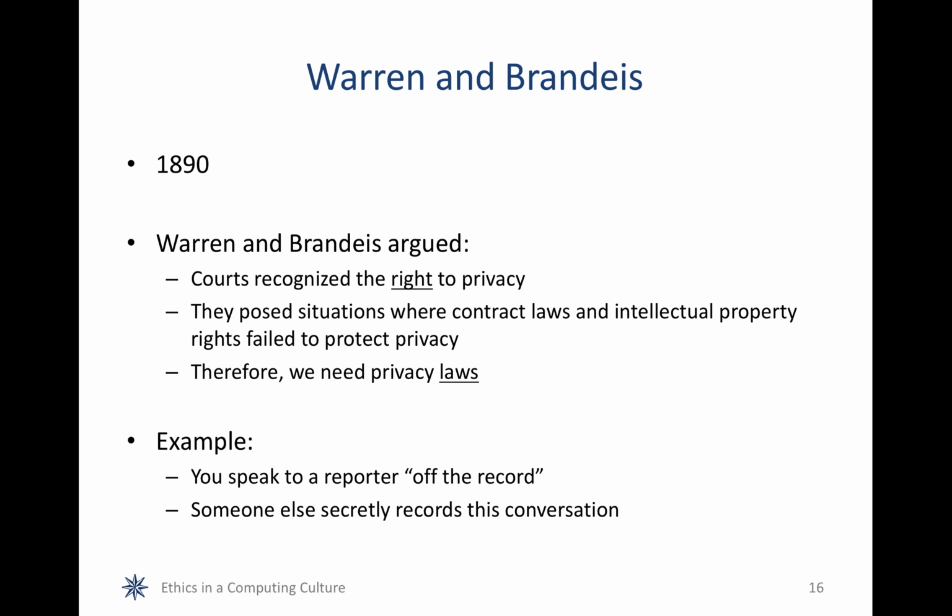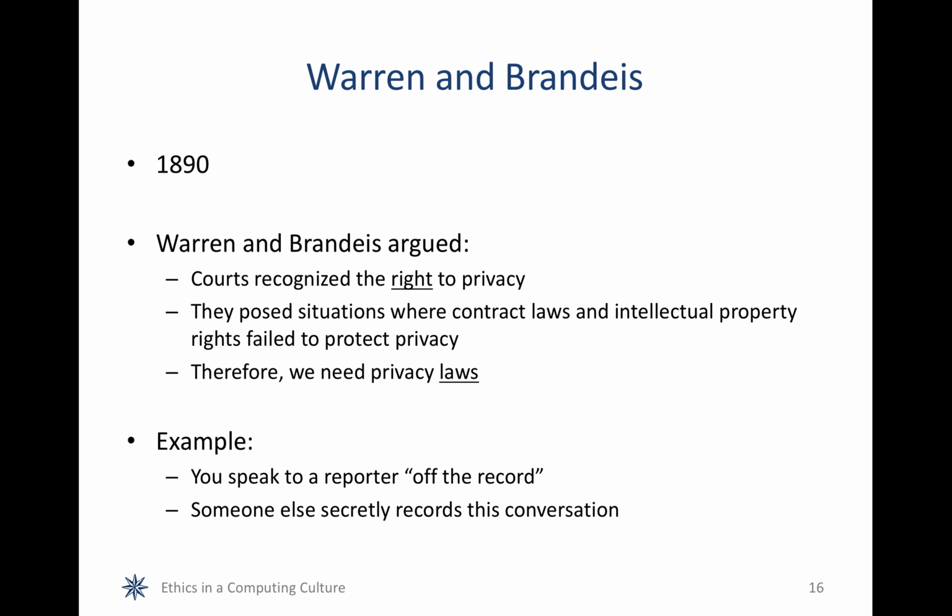and then they were able to pose situations where contract laws and intellectual property rights did not actually protect their privacy, and said therefore that we need to have privacy laws. So let's take a look at an example that shows that these laws don't actually protect one's privacy.